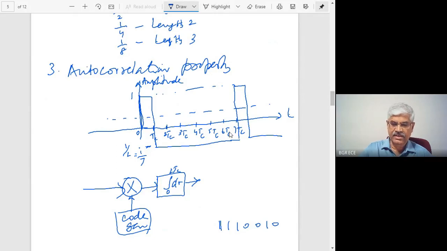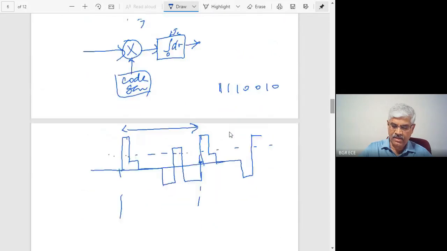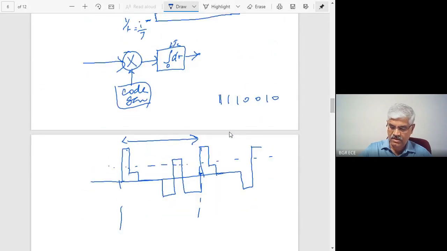You can easily detect. If this code doesn't have this property, and if the code has any other property like this, then it will not allow you to detect the signal easily.